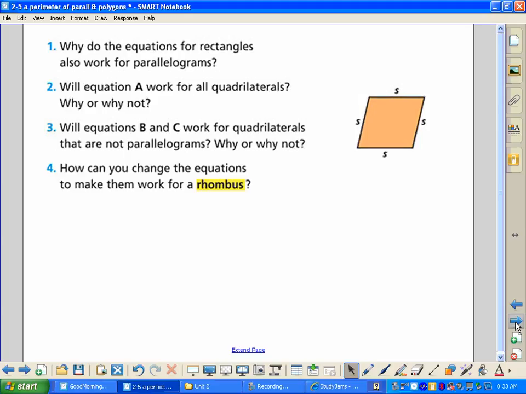Okay, 5, 4, 3, 2, 1. Back up front. Why will the equations for rectangles work for parallelograms?